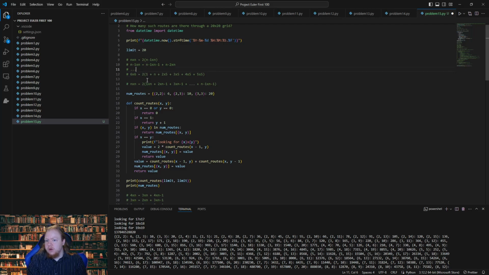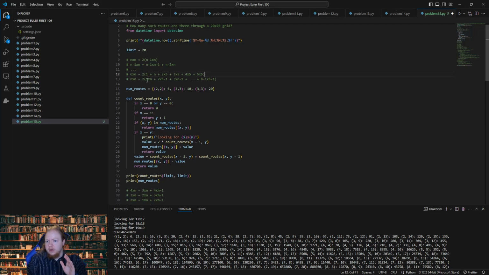So this is what really got me to the right conclusion, was thinking about it in terms of this. So n by n is 2 of n minus 1 by n. N minus 1 by n is this.